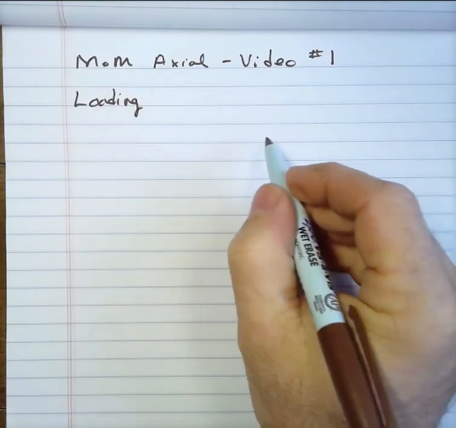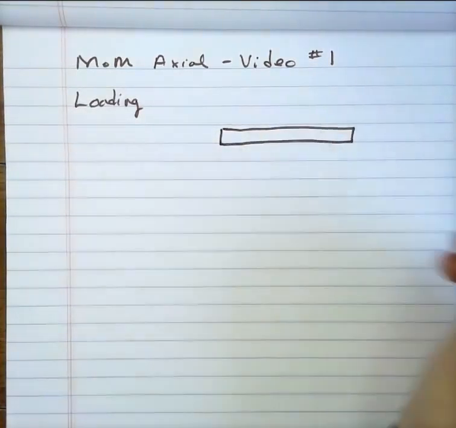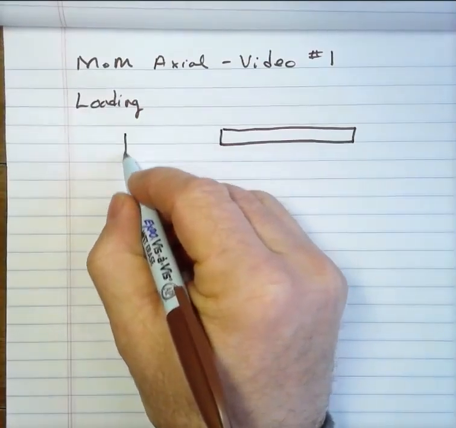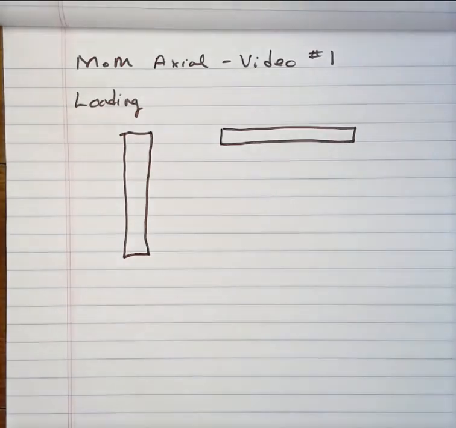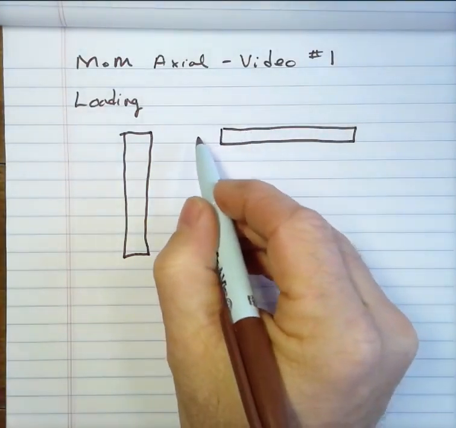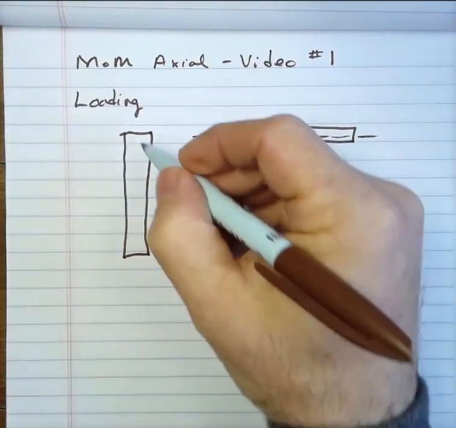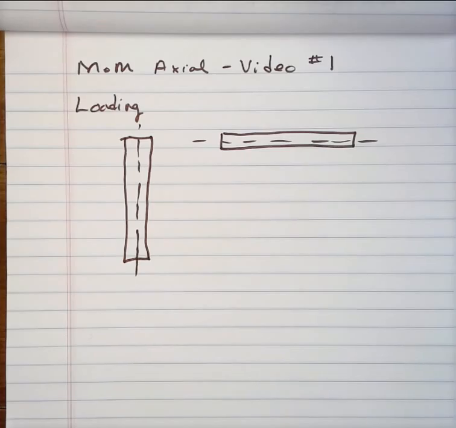Well, if you take any object, maybe it's a beam, maybe it's a column, we refer to its longest dimension as its primary axis.